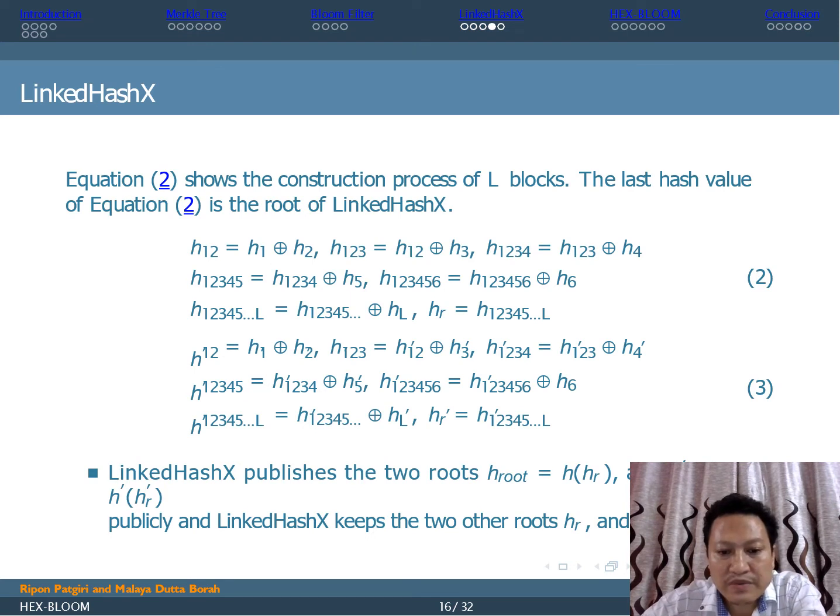Linked HashX publishes two roots, H'root and Hroot. Hroot is equal to the hash of HR, and H'root is equal to the hash of HR'. And HR and HR' are kept private.